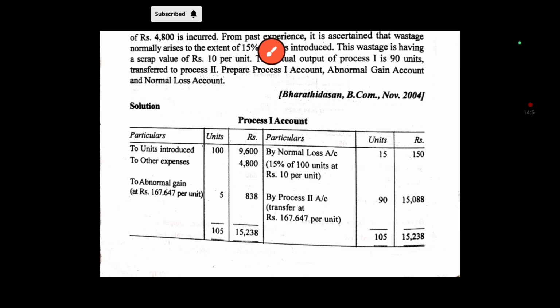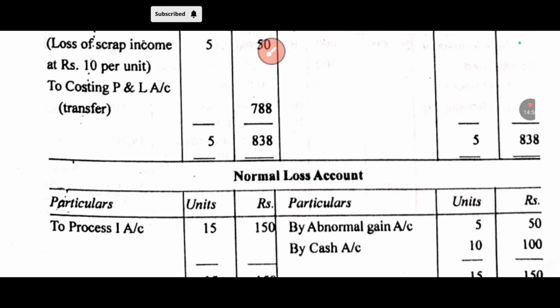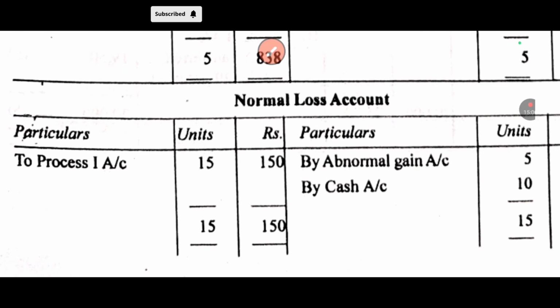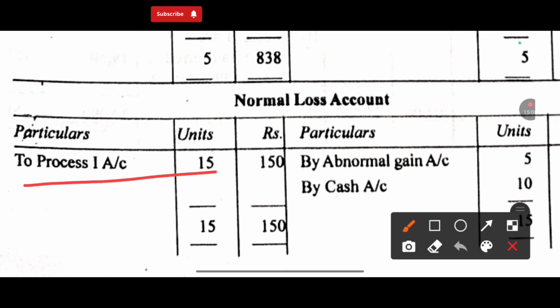Now it is transferred from the creditor side of the process 1 account and entered on debtor side of the normal loss account, 15 units and 150 rupees.